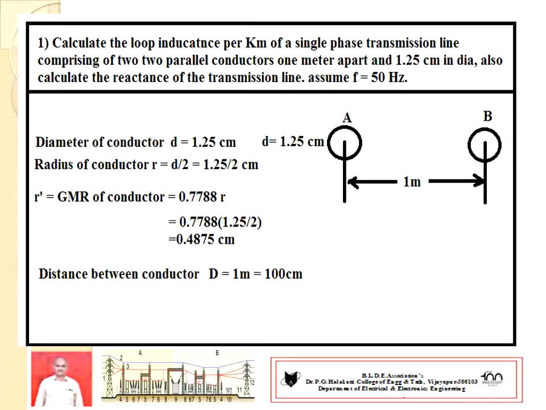The distance between conductors, that is capital D, is given as 1 meter. So capital D and small d should be taken in the same unit, because the radius is taken in centimeter. This capital D should also be taken in centimeter. So it becomes 100 centimeter.